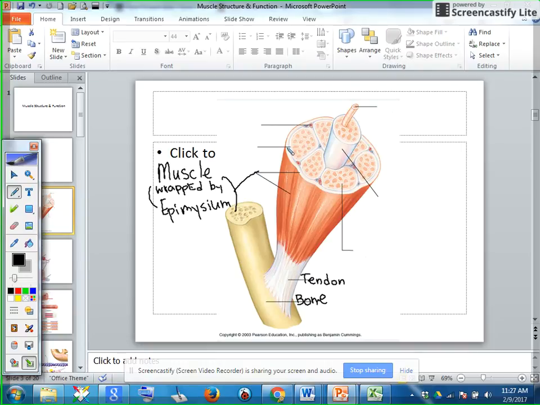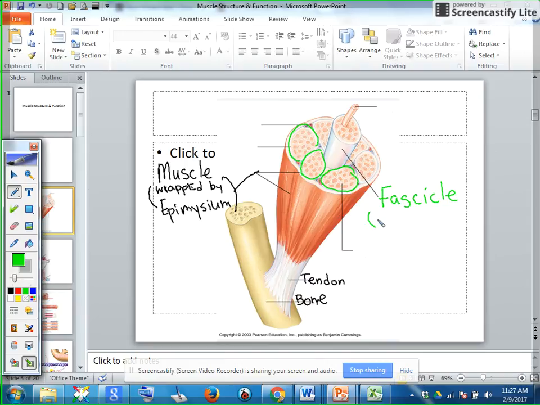All right, the muscle is composed of these bundles. Each of these bundles is called a fascicle. Not a popsicle, a fascicle.